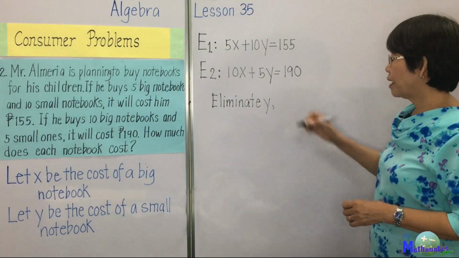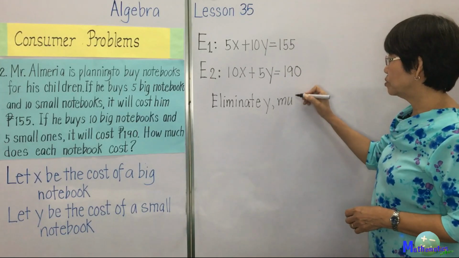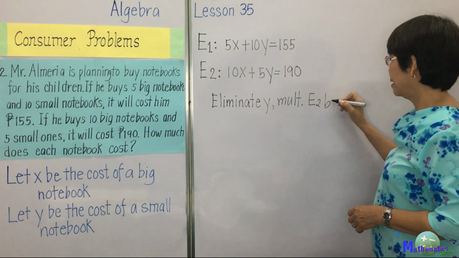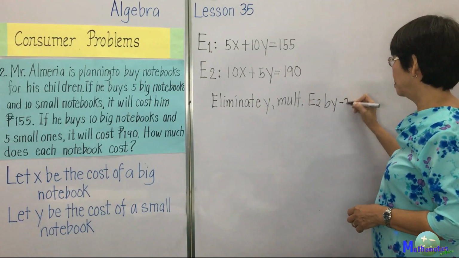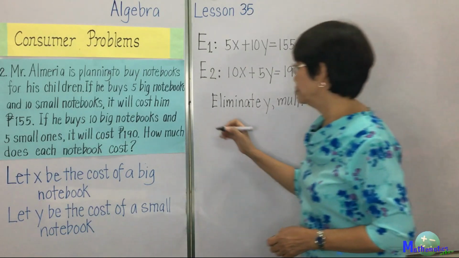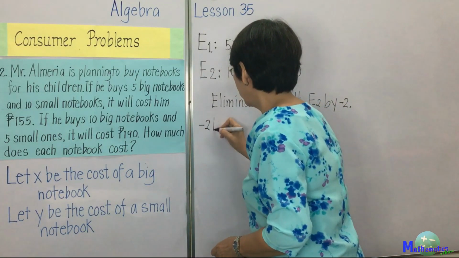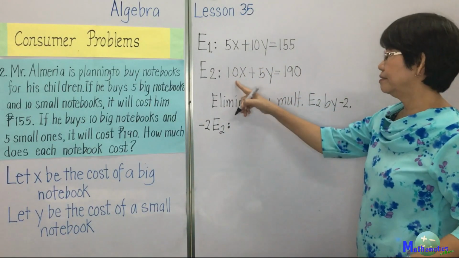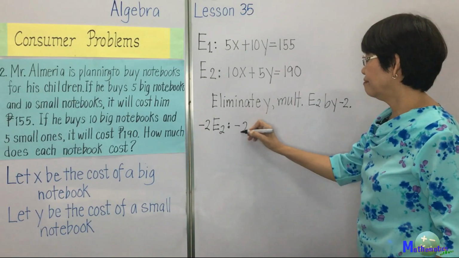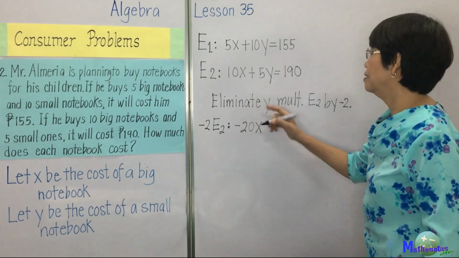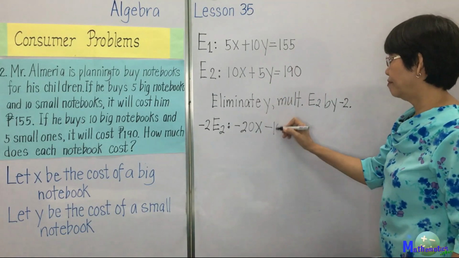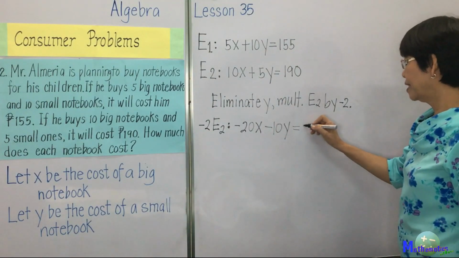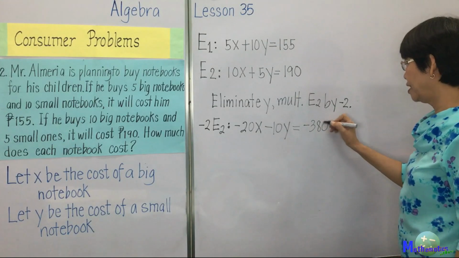So, one of the coefficients should be negative 10 to eliminate the variable y. So, we will multiply equation 2 by negative 2. So, negative 2 times equation 2. So, negative 20x, then negative 10y is equal to negative 380.